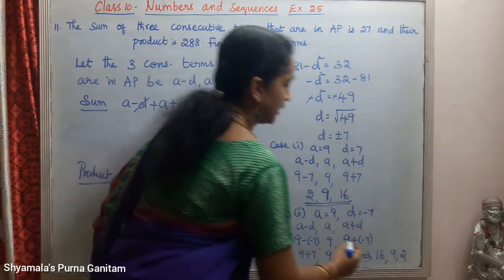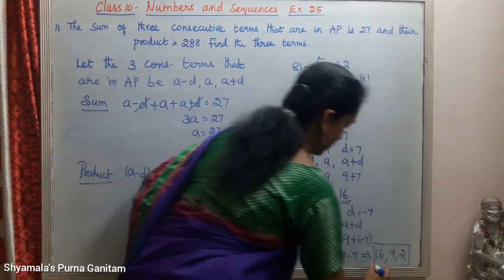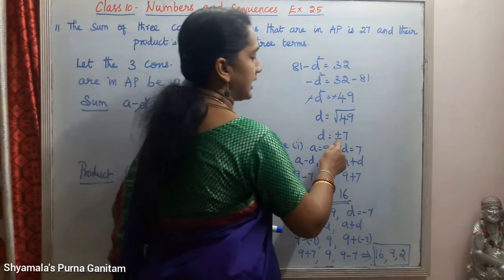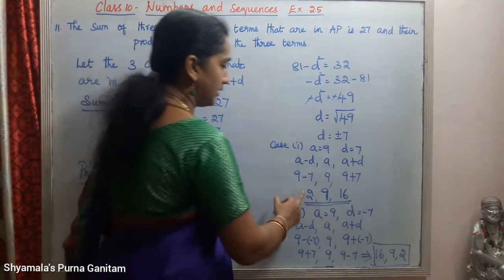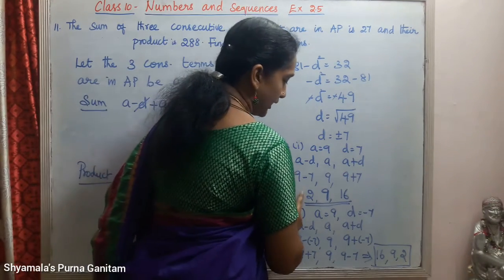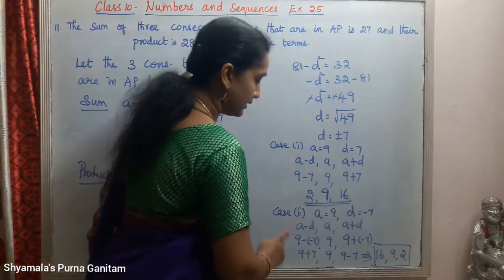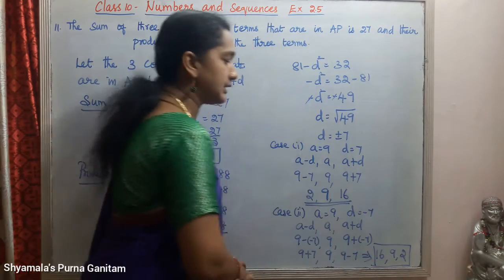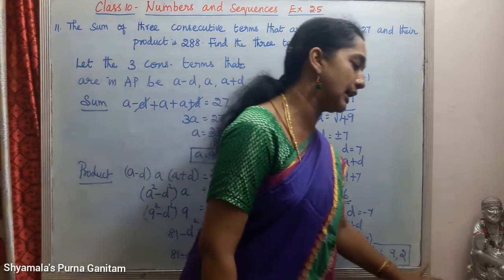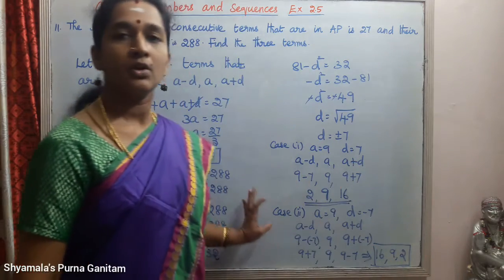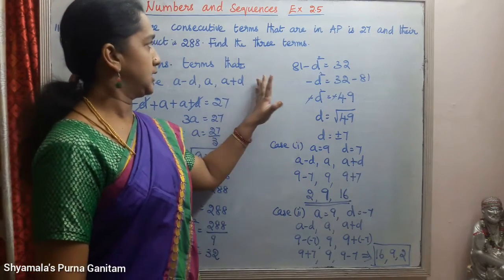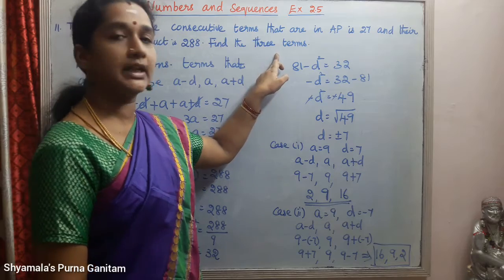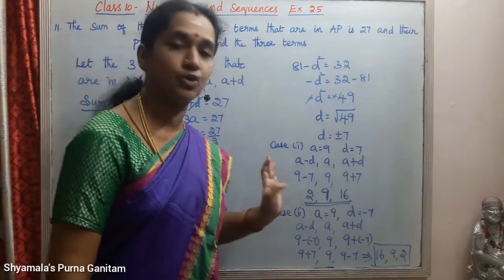Since we are having D as plus or minus 7, in case 1 we will get 2, 9 and 16, and in case 2 we will get 16, 9 and 2. Okay, understood? So this is how we are asked to find the three terms. This is how it has to be done.